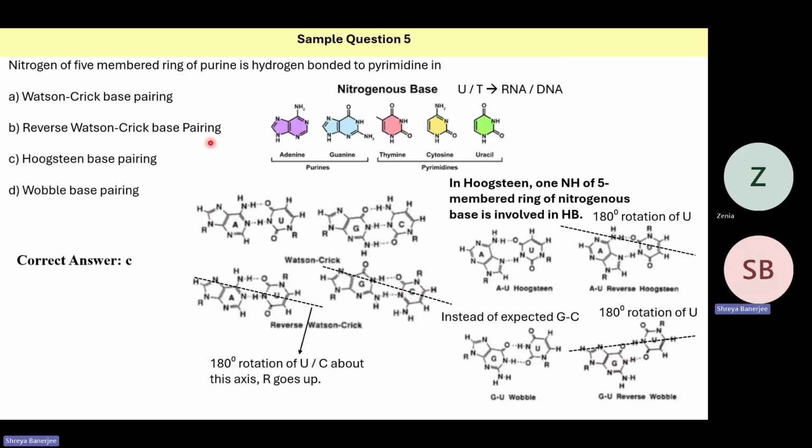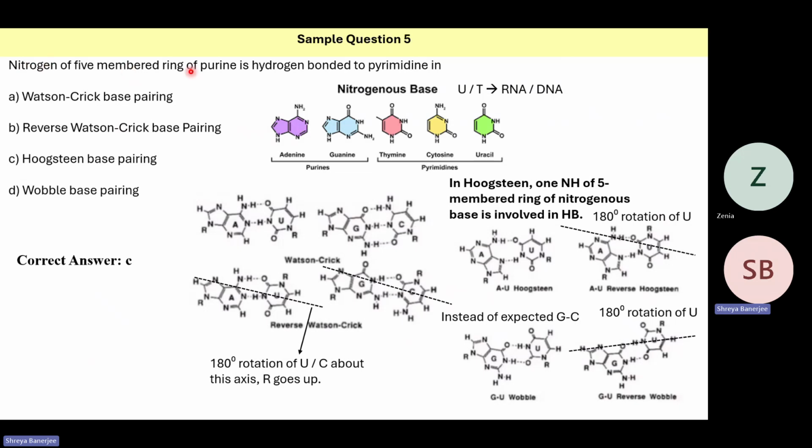So here we look at the different kinds of base pairing. In Watson Crick, it is A with T or U and G with C. And in case of the purines, only the 6-membered ring is involved. If we have the similar base pair, that is A with T or U and G with C, but for the purines, one from the 6-membered ring, one from the 5-membered ring is involved. That is the Hoogsteen base pairing. That is what this question is asking.